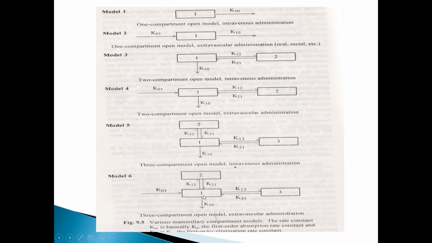Similarly, distribution of the drug from 1 to 2 is given by K12, and from the peripheral compartment 2 back to the central compartment is given by K21.